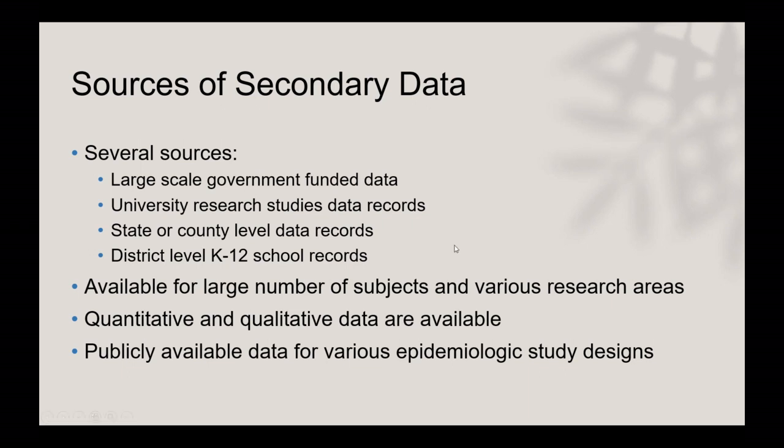The state and county level health departments are collecting an enormous amount of data, not only on the number of COVID cases, but also on the number of people who have been vaccinated in each state and each county. So this is an example of secondary data. Also, there can be district level data, such as K-12 school records, which is also a source of secondary data.